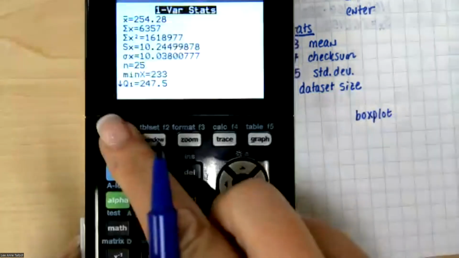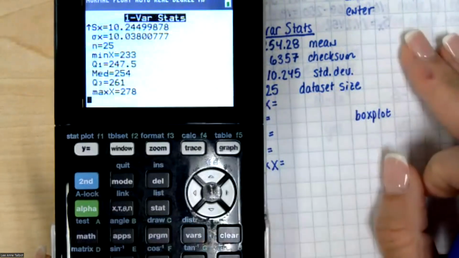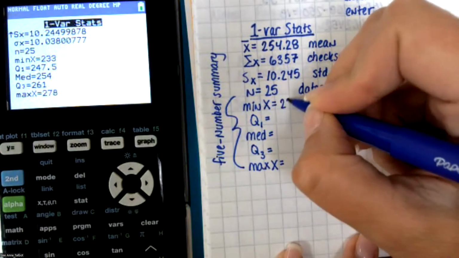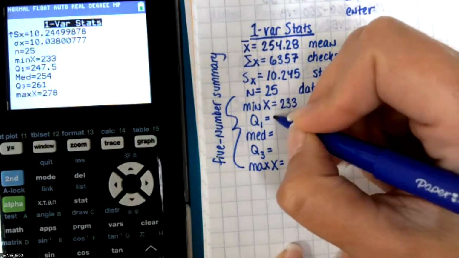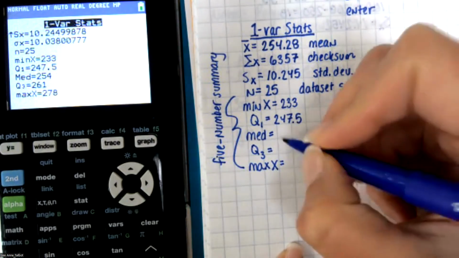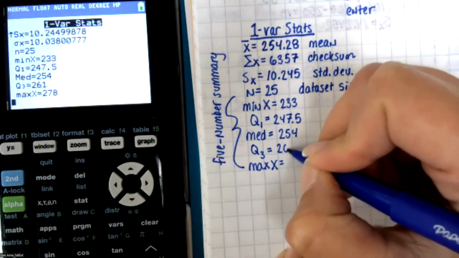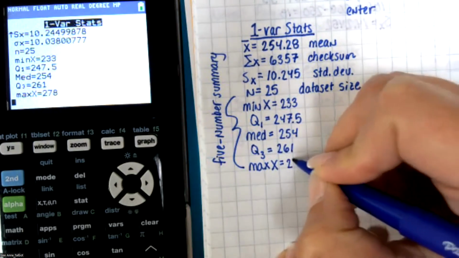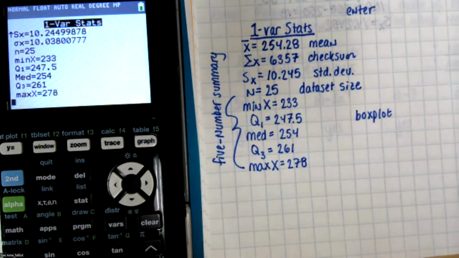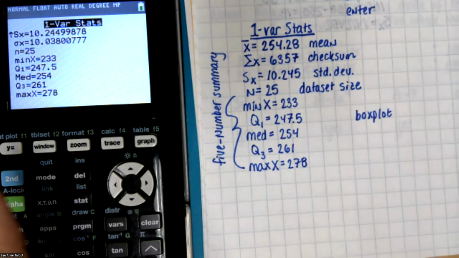Notice that there's a little down arrow right here on the calculator, so you can scroll down to see the rest of them.